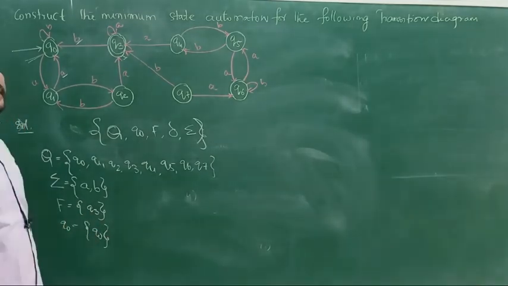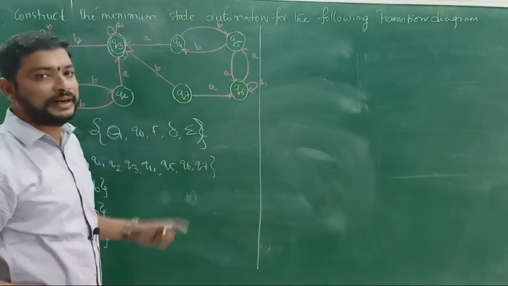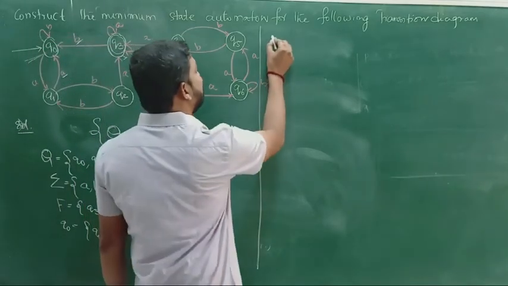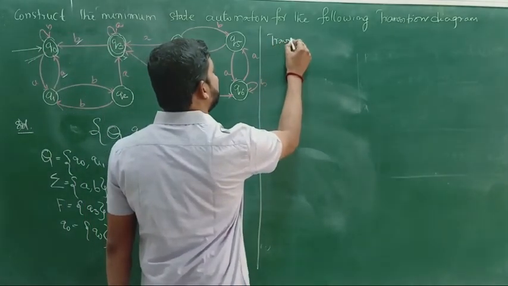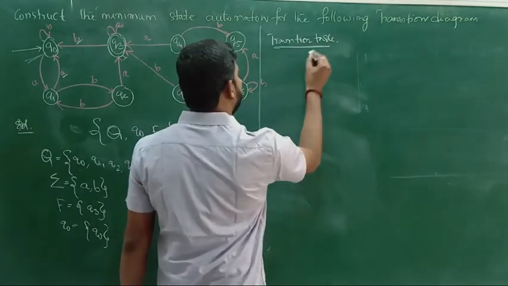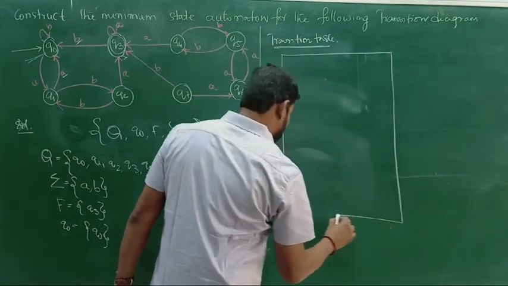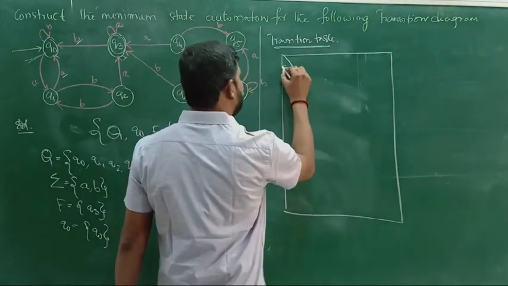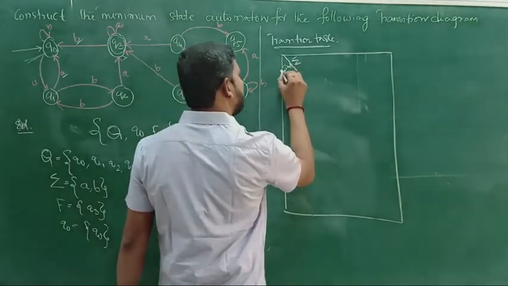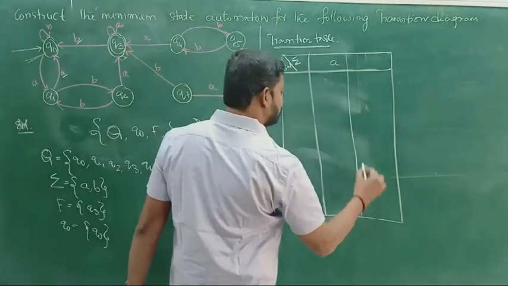Now we can draw the transition table for the given transition diagram. Here is the transition table. The total number of states is 8. This is the set of states and this is the set of input symbols, small a and small b.